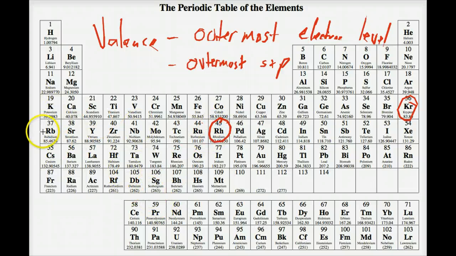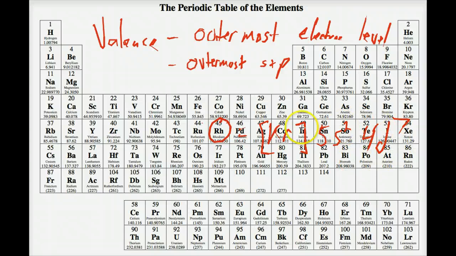Because if I drew the structure, it would be krypton, and then I'm over here in the 5s2, and then the 4d, 1, 2, 3, 4, 5, 6, 7, 4d7.